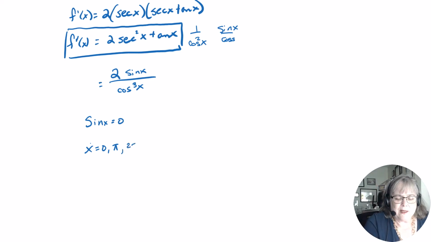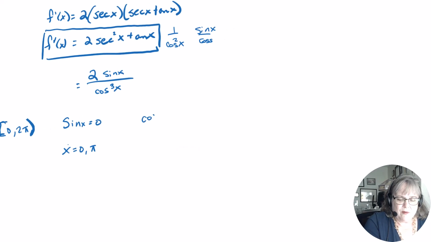It actually happens again at 2 pi, but remember for our interval, we were saying it's 0 to 2 pi, but this is open-ended on this side, closed on this side, and so we don't actually get to the 2 pi, so we're going to leave that out. And then it's undefined when cosine x is equal to 0, and you probably got this memorized now. It happens at pi over 2 and 3 pi over 2.